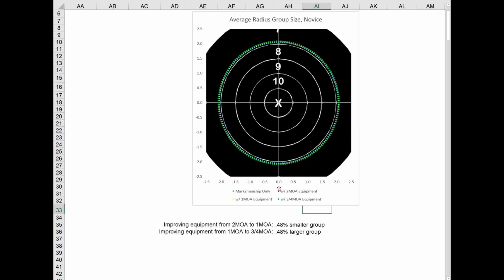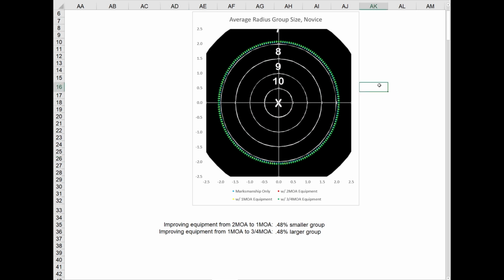That is the average radius for the group for this shooter with just their marksmanship skills. And then the red, which you can't really see because they're right on top of each other, is with the 2 minute of angle, and then yellow and green for the other 2 pieces of equipment.